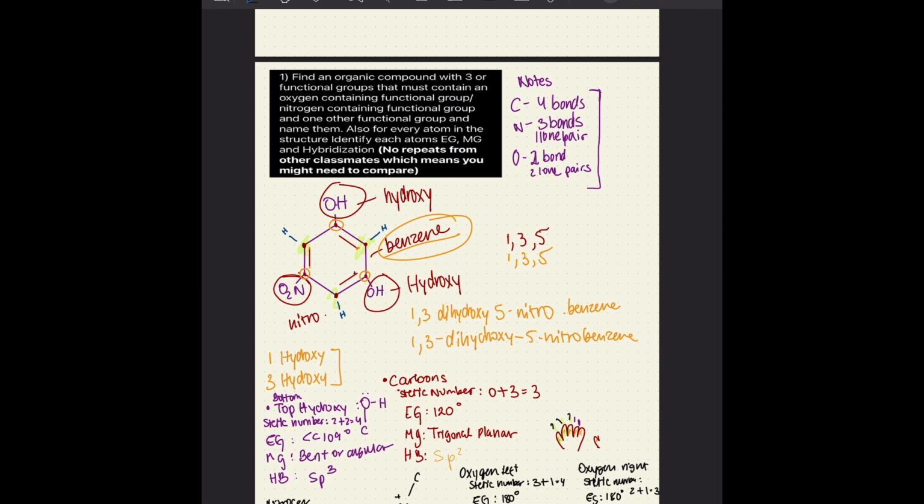Essentially, all the carbons are the same, the hydroxides are the same, the oxygens on the nitro are different, and of course the N of the nitro functional group is different as well. But I believe that's it for this video. Thank you.